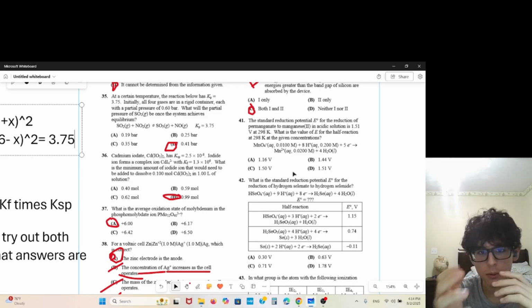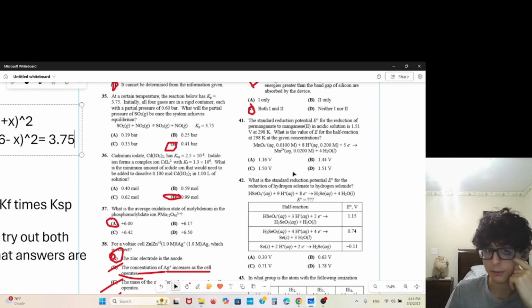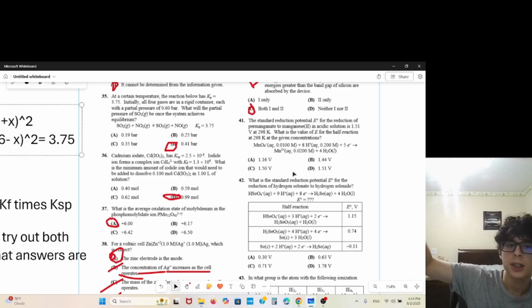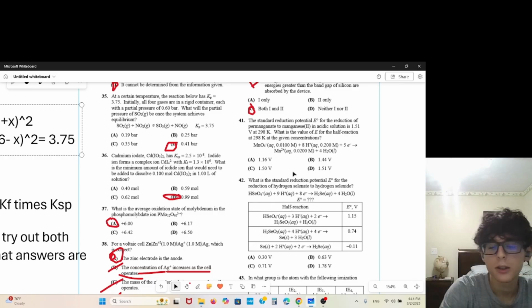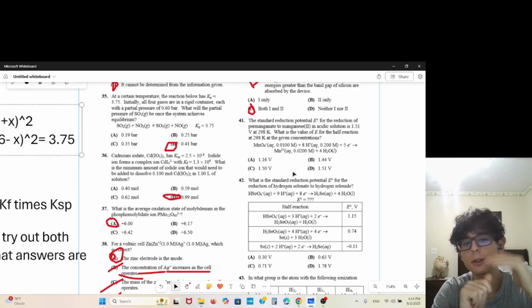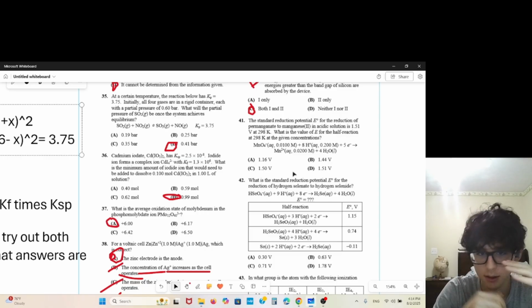What in the world do we do now? Well, we're trying to find the minimum amount of iodide ion that would need to be added. So we have y. Let's call that y. So we have y on the left. Forget about the precipitate. 0, 0. Now we're dissolving something. So we have 0.1 mole of Cd, which is going to go directly to the complex ion because, I mean, look at that.